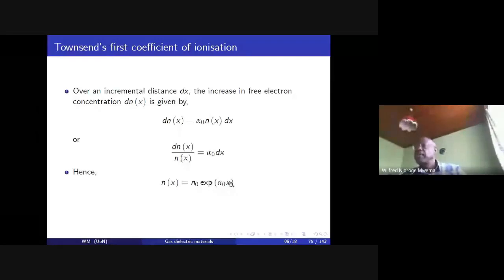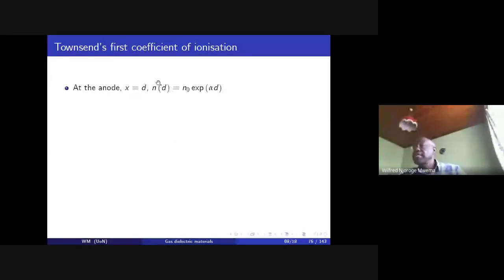And therefore, at the anode, we expect that the concentration of the electrons reaching the anode will be given by n(d) equal to n naught multiplied by exp(alpha naught d).